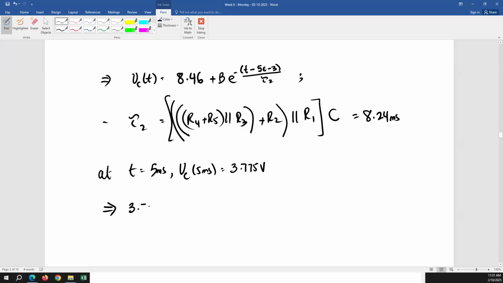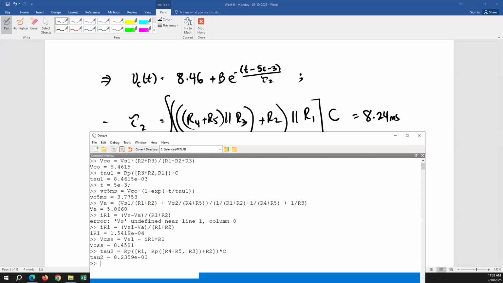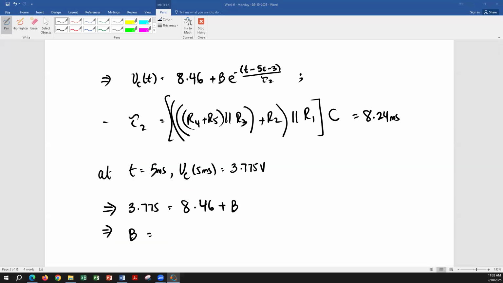At 5 millisecond, 3.775 equals 8.46 plus B, because when you put 5 millisecond, 5 millisecond minus 5 millisecond becomes 0, so the exponent is going to be 1. And the value of B is going to be 3.775 minus 8.46, negative 4.685.